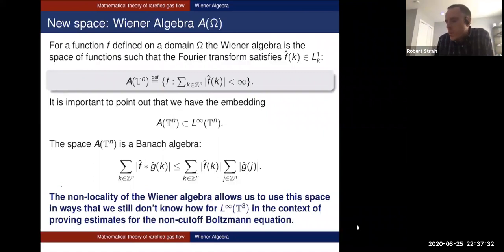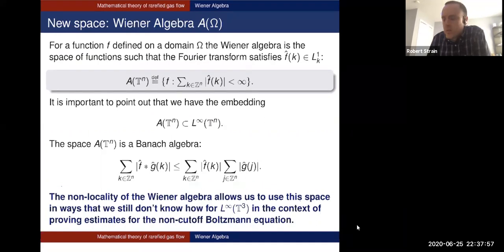It's important to point out that we have the following embedding: A of Tn is contained in L-infinity. And A of Tn is a Banach algebra. So the sum over the modes of f hat convolved with g hat is bounded by the Wiener algebra norm of each term separately.